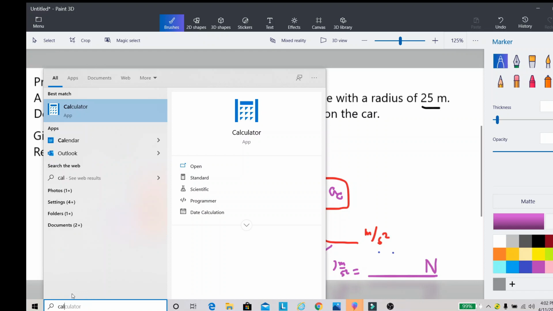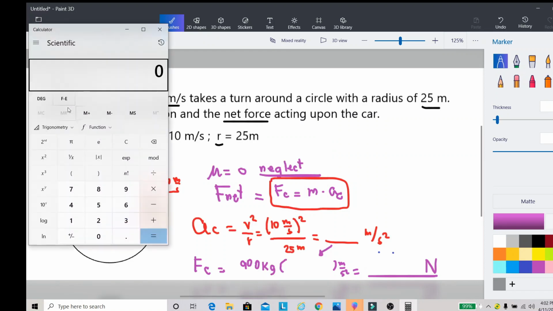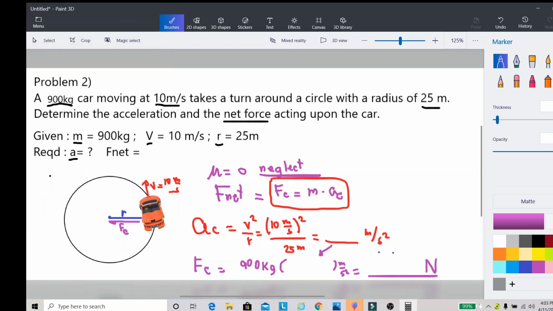So we grab a calculator and let us see, that will be 10. And then we square that and then divide that by 25. So that will be 4. So this one will be 4 meter per second squared.